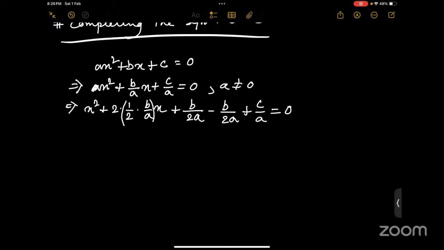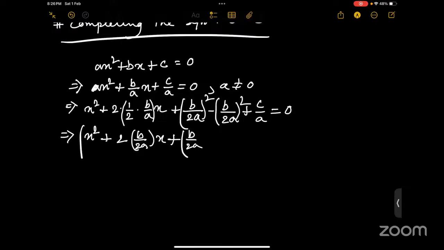Yes, ma'am. So then we have x squared plus 2 times b by 2a x plus b by 2a whole squared. Taking just up to here, we take the remaining term to the opposite side. So we will get b by 2a squared minus c by a.